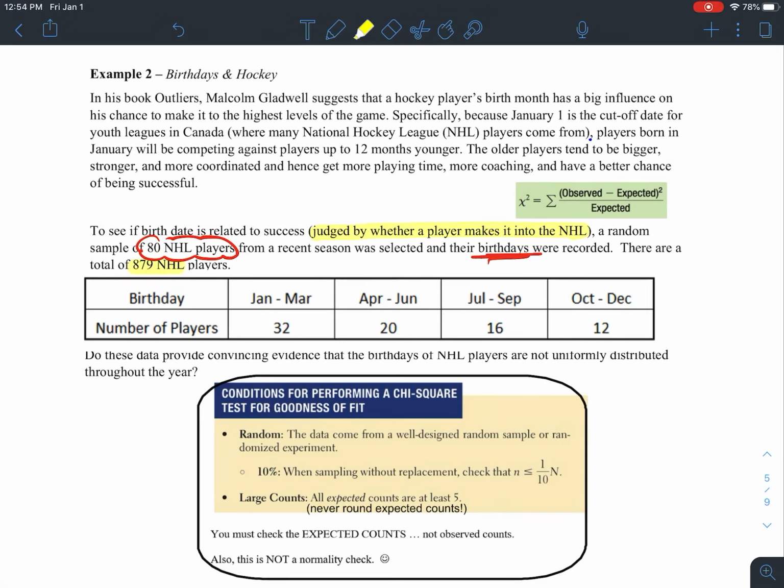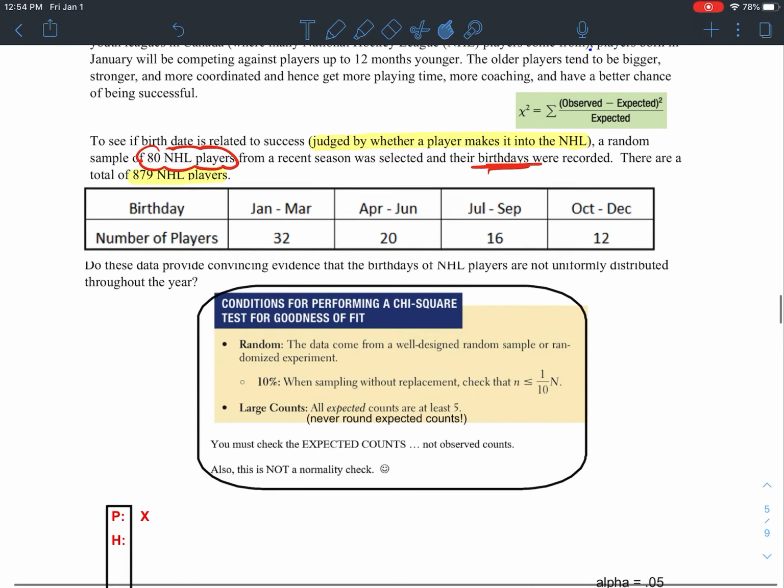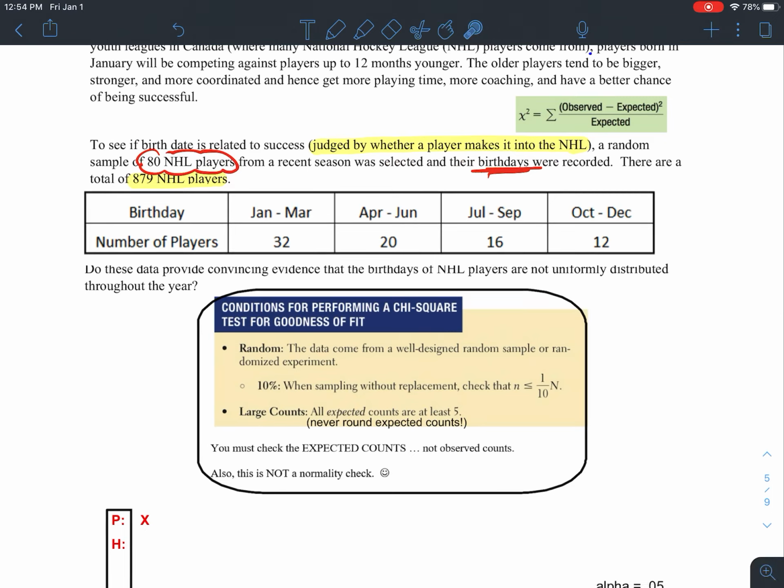There are a total of, we're going to need this number later, 879 National Hockey League players. Okay, so here you can see whether their birthday fell between January and March, April and June, etc. These are the 80 NHL players. So this total is 80, and you can see the counts that fell in between. This is what was observed.